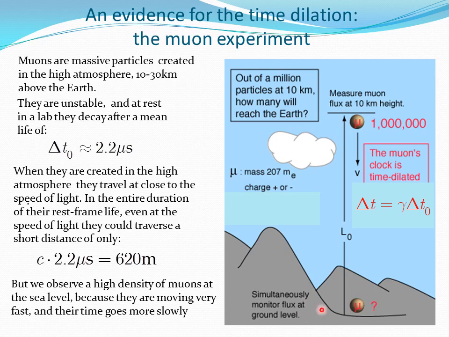In our reference frame on the Earth, we have to multiply their time interval delta t0 by a very high gamma factor, and we get the corresponding time interval delta t, which is long enough for them to travel a distance as large as 10 kilometers.